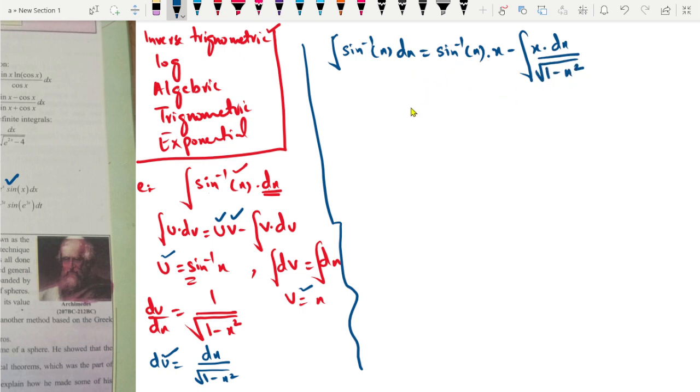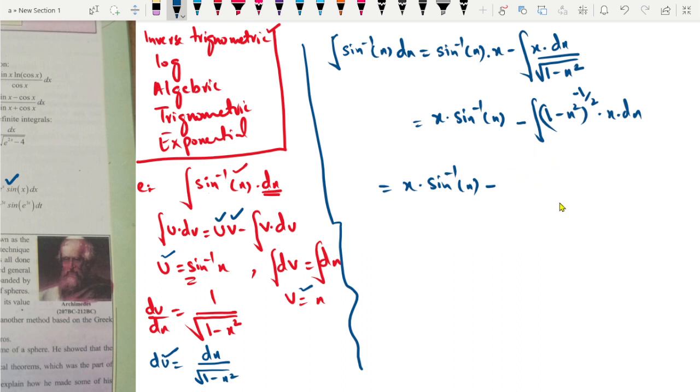So this is x sine inverse of x minus integral of 1 minus x square to the power minus 1 by 2 times x dx.